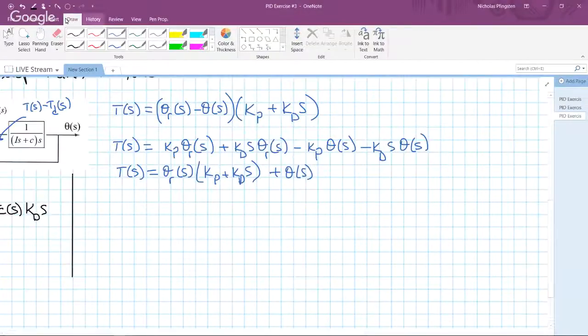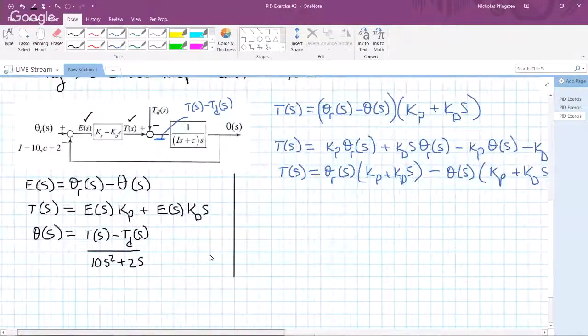So actually, I need to pull this negative out, which is going to give us Kp plus Kd of s. So there's that. So now I can plug in T of s into the theta of s equation.